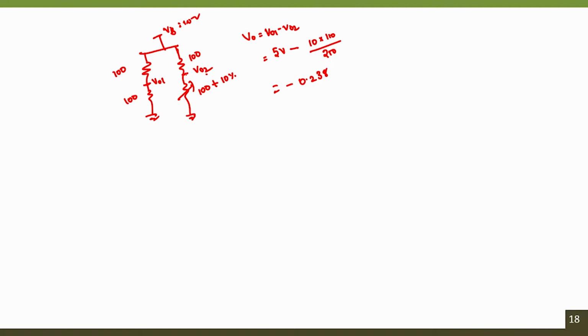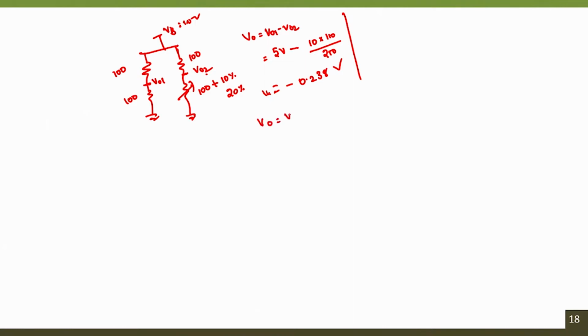If we measure between VO2 and VO1, then this will be positive. So now we got 0.238. Imagine now if the change is 20% and the output change is also doubled, then I can say it is linear. Now consider case 2, where the change is 20%.